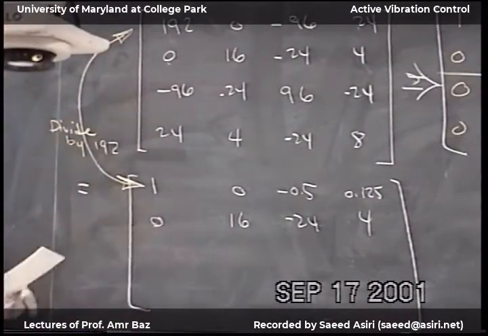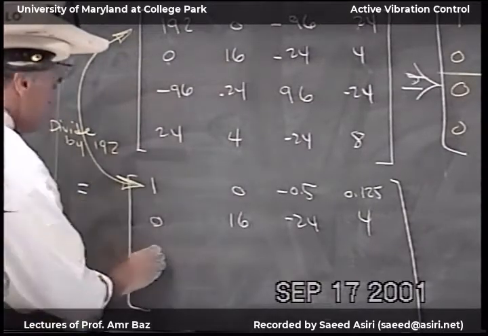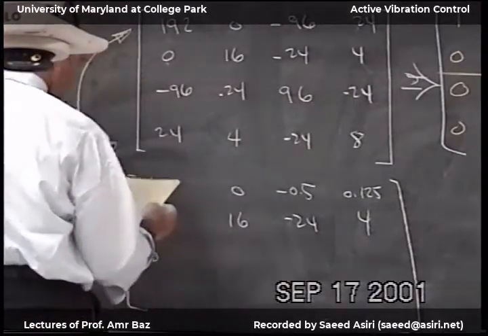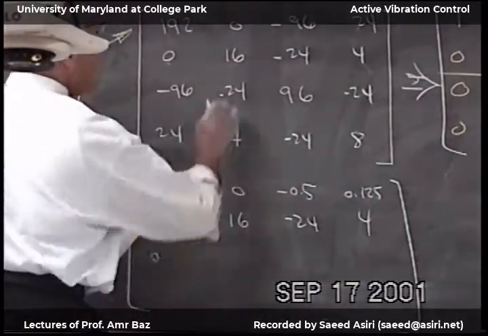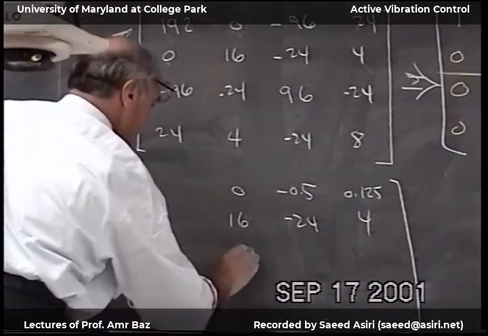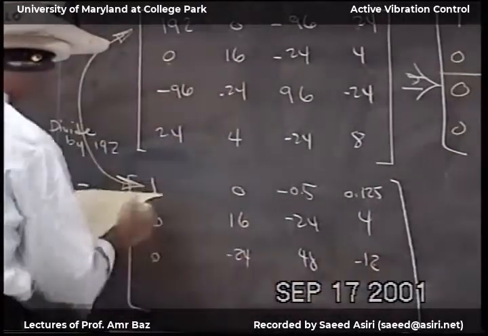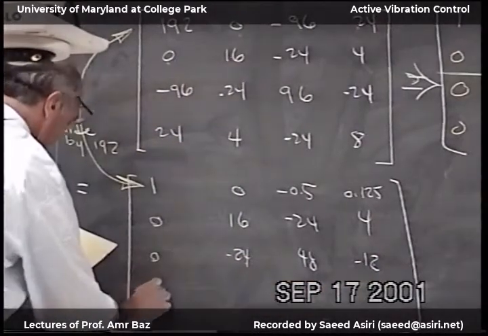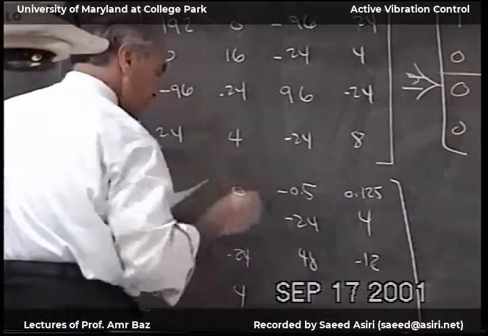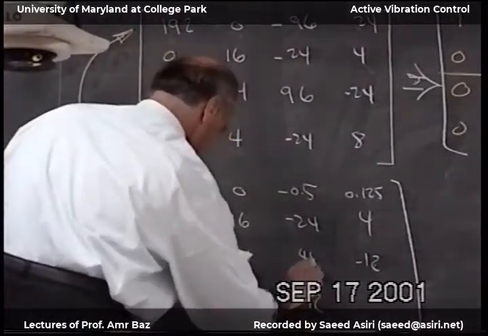Okay, so this will be 0. Of course here there's nothing will change because this is 0. And then 48 minus 12.